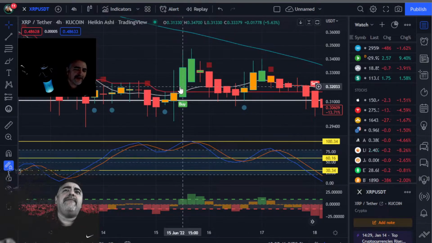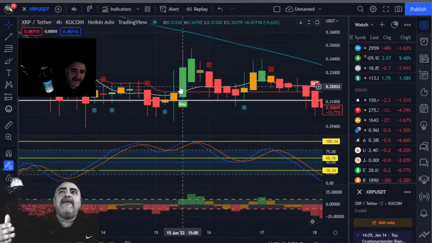So the way XRP works is that at 32 cents, every 0.3 of a penny is 1%. So you would need this to move, let's just round it up to 5/10 of a penny. So at 32 cents, 5/10 of a penny is a half a cent.